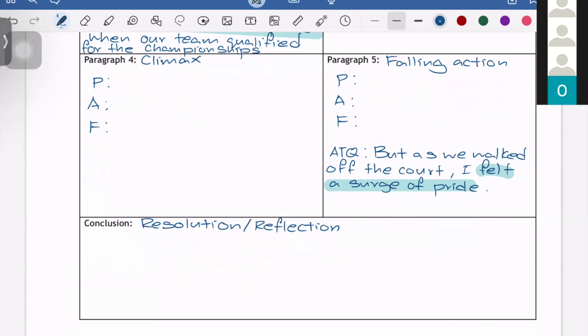And I mentioned, write this ATQ sentence at least 3 times. So I'm going to add it in the last paragraph.